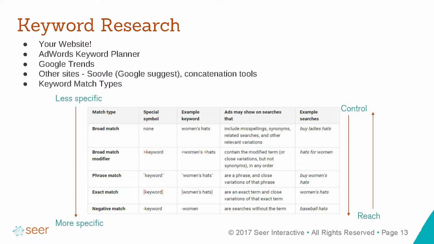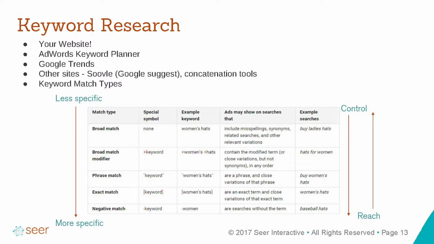So for example, if I'm selling women's hats, and I don't want to show for men's hats because I don't sell men's hats, I can add men's as a negative keyword, so that I'll never show anytime someone's searching for men's hats.